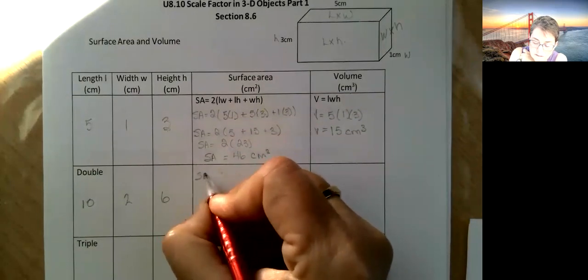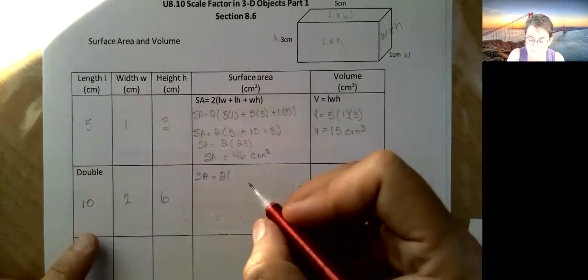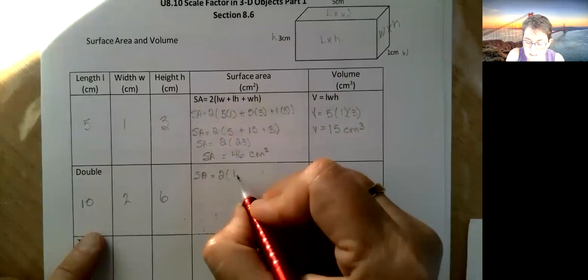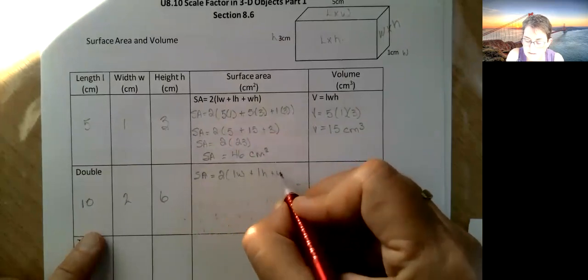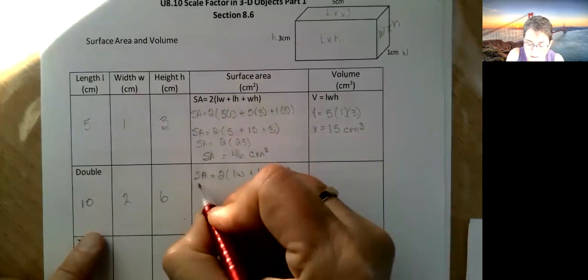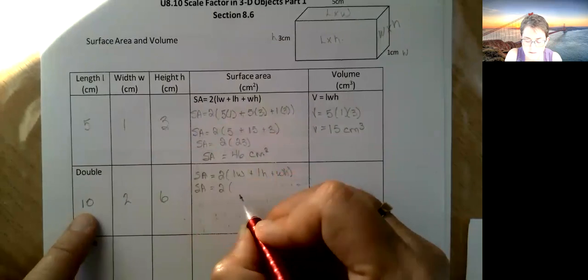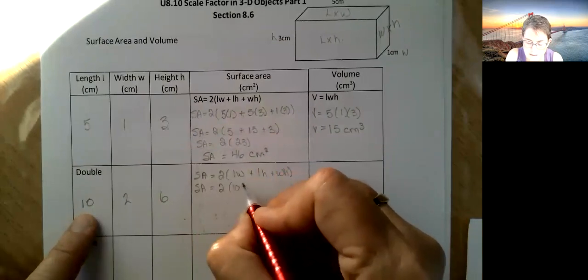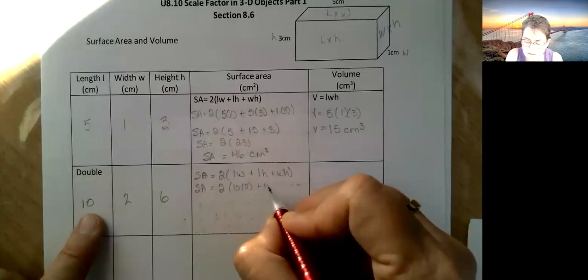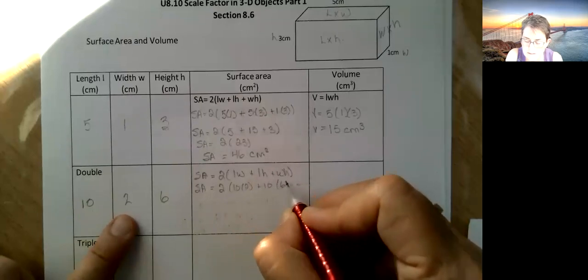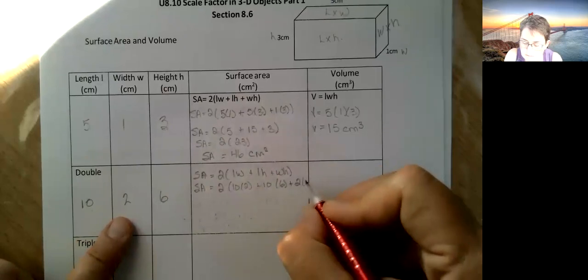So surface area is equal to 2 times LW plus LH plus WH. So surface area is equal to 2 times 10 times 2 plus 10 times 6 plus 2 times 6.